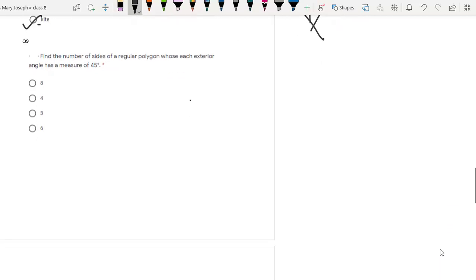Question number 9. Find the number of sides of a regular polygon whose each exterior angle is 45 degree. So we have studied the formula. Number of sides of a polygon into exterior angle is equal to 360 degree, because we know in any polygon, irrespective of number of sides, the sum of all the outer angles is always 360.